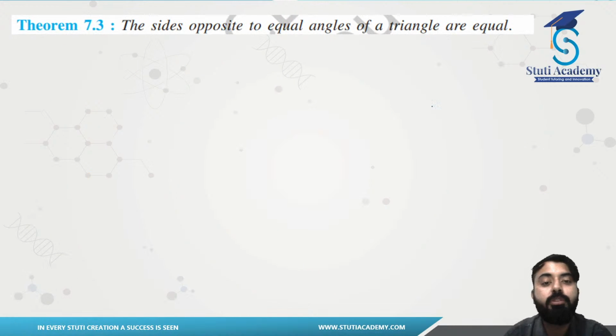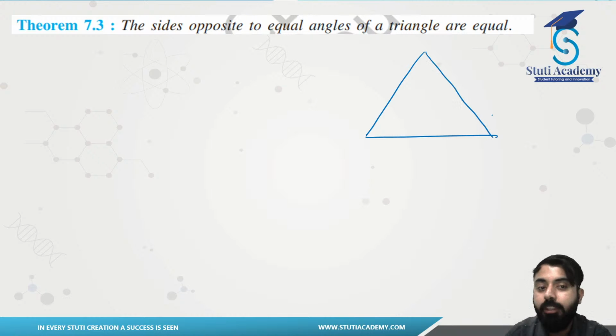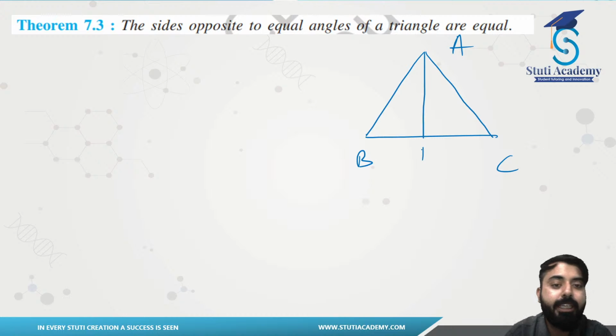Now in this case, you will be having what? See, if I just move forward, we have one more time an isosceles triangle ABC. Let's say this is the case. This is an isosceles triangle ABC. We have taken an altitude AD such that this was 90 and this was also 90, and we had been given that the base angles were equal. That means angle ABD, which was this one, was equal to angle ACD.